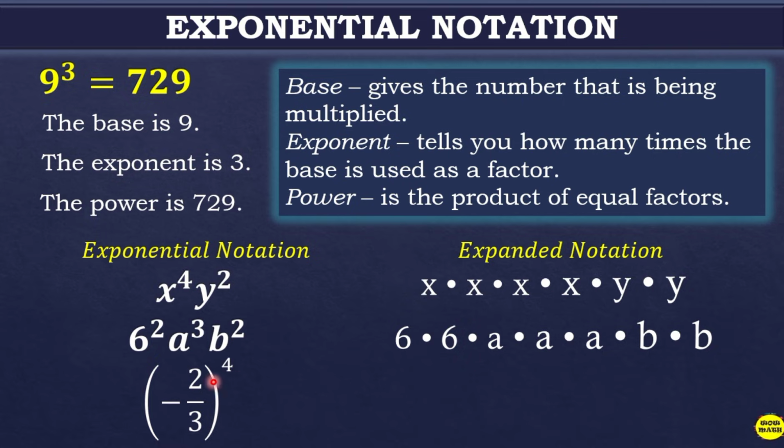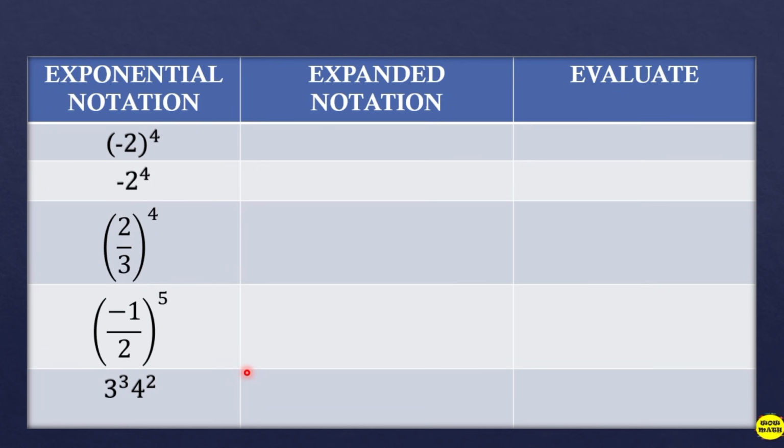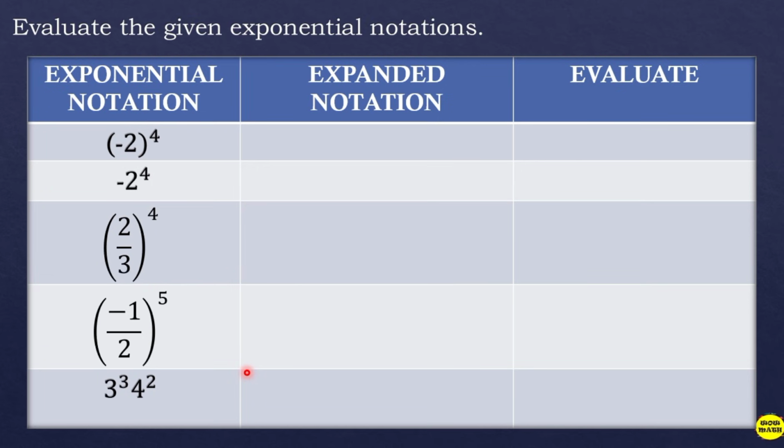And then, what if you have a fraction? So, ito, ibig sabihin yan, negative 2/3 times negative 2/3 times negative 2/3 times negative 2/3. So, ibig sabihin, 4 times mo i-multiply si negative 2/3 by itself. Okay? So, yun po ang ibig sabihin nito. Okay. So, recall natin. Evaluate the given exponential notation.